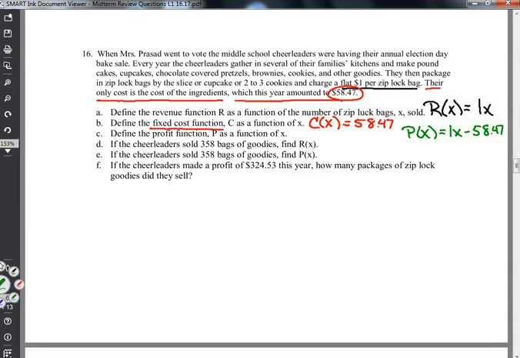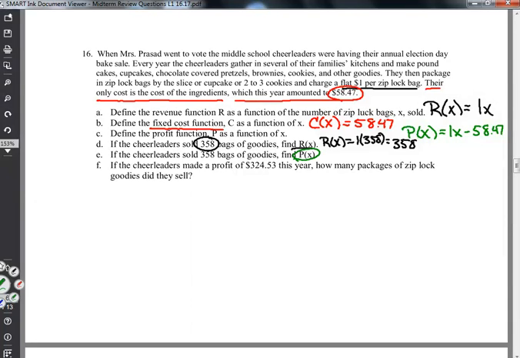So the first one just asks for the revenue. So it's just R of X equals 1, but they sold 358 bags. That's pretty easy. Their revenue is they made $358. Now I want you to find the profit.